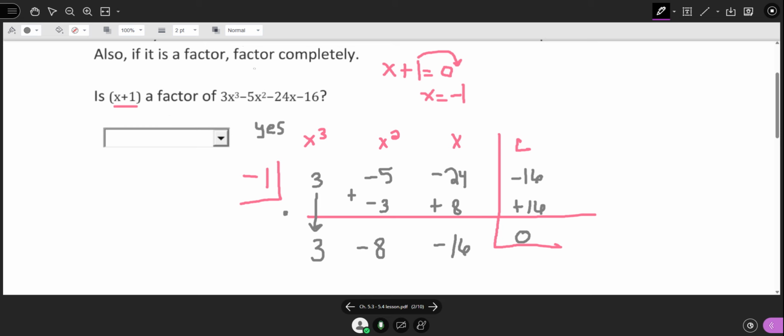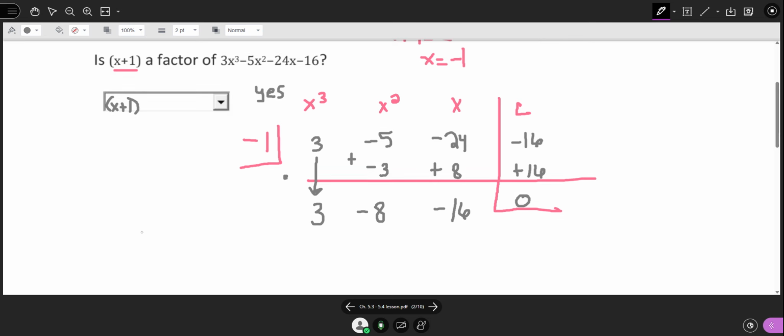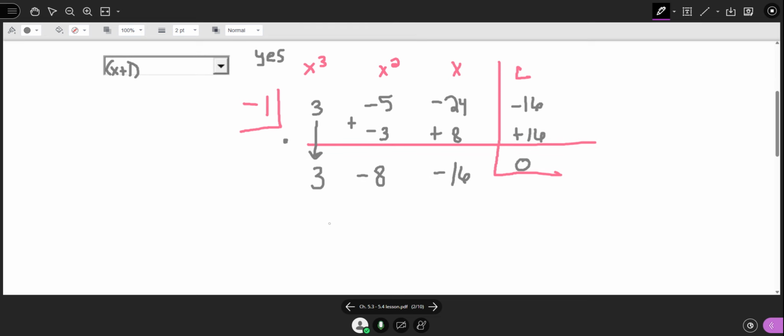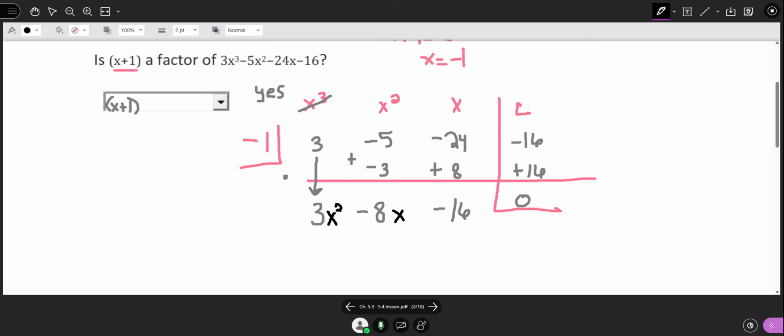And that's all. And then it says factor completely. Well, the first piece we have to put is the first factor we had. Now, the bad part about this one is we have to finish factoring. We could try regular factoring, because it says factor completely.